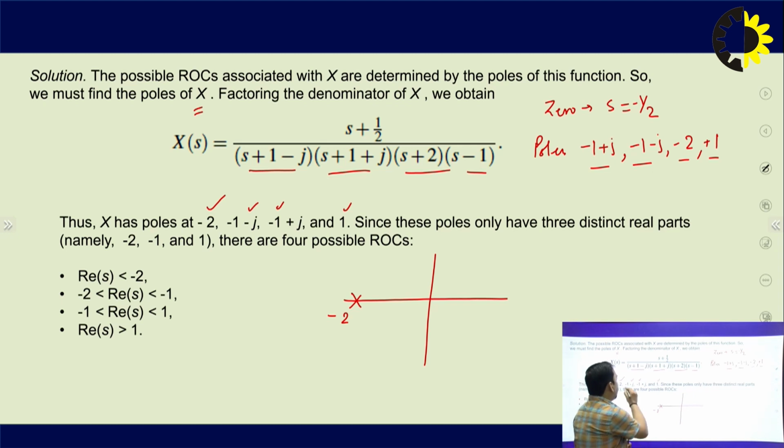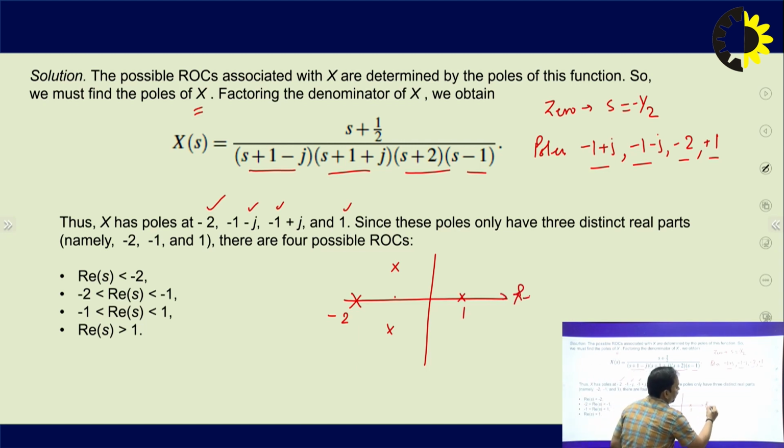Next we have the complex poles, -1 plus minus j. This is the second location, of the complex conjugate poles. This is the real part of S and this is the imaginary part of S.